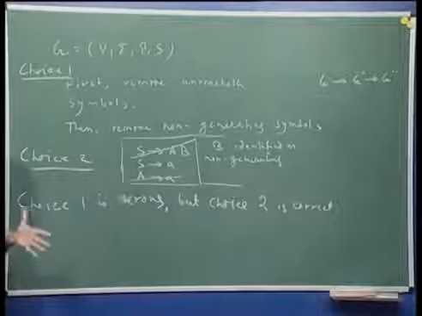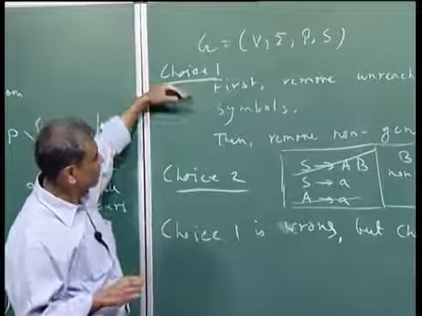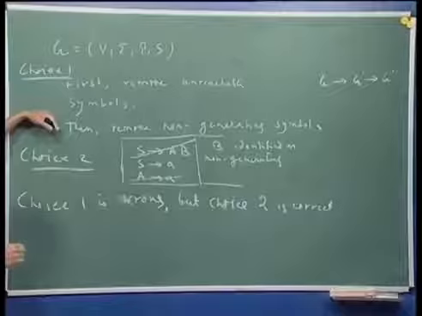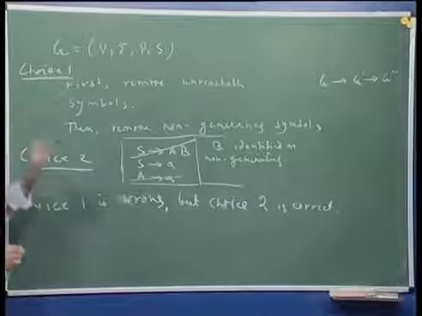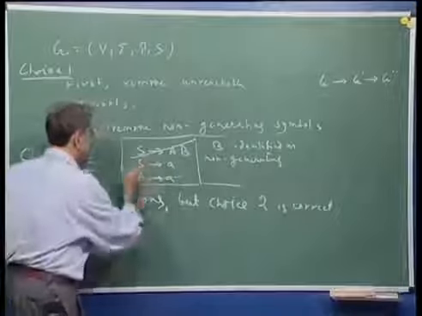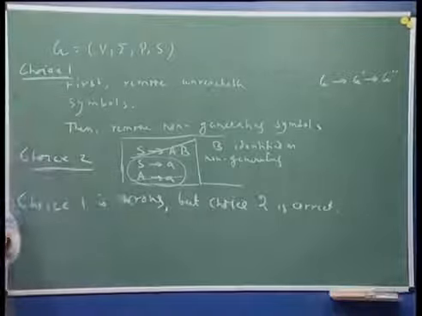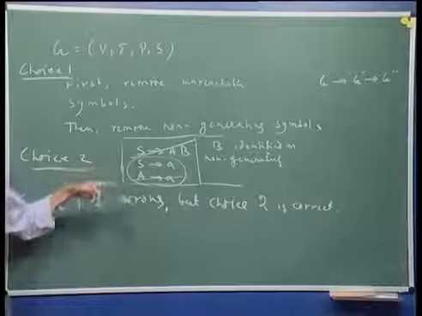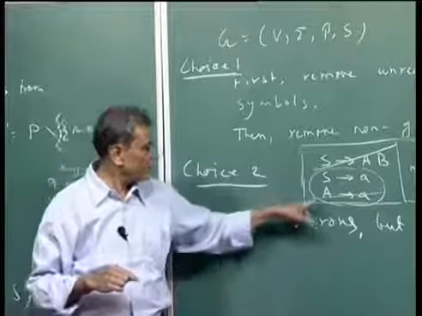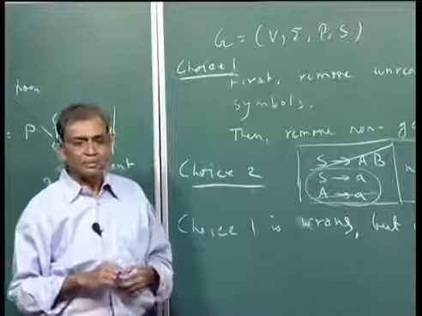So, the point I am making is that if I first remove unreachable symbols and then remove non-generating symbols, I may end up, as in this case, with these two productions, but that grammar is not totally simplified, because I will retain a symbol A which is unreachable.